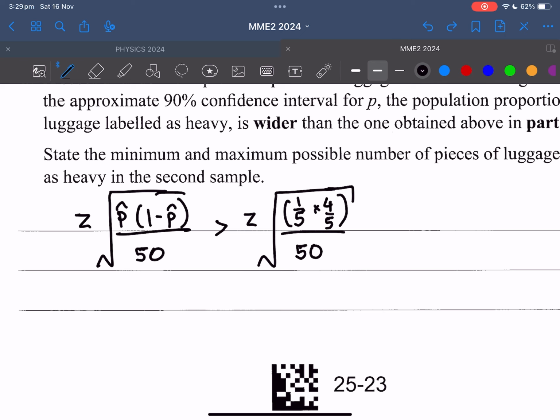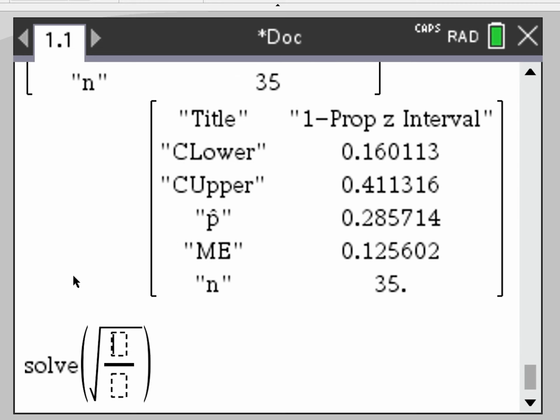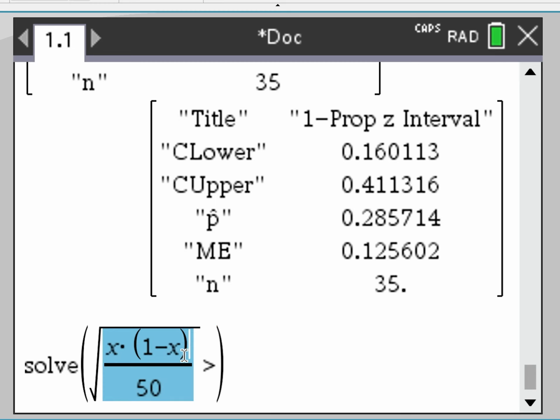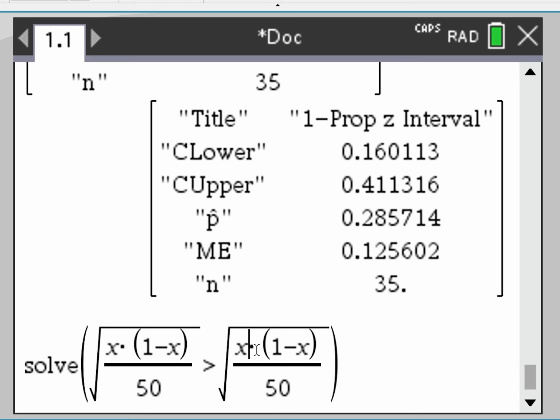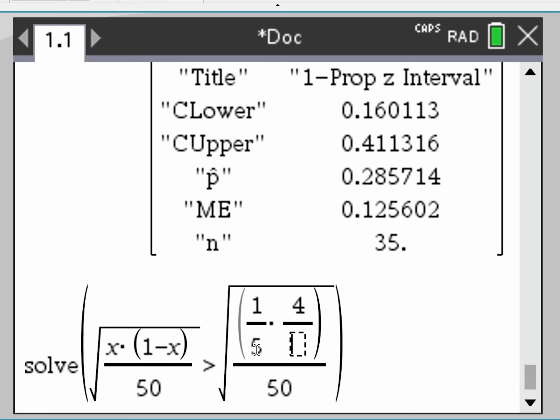So let's do this on CAS. Solve square root of x times (1 minus x) divided by 50 has to be greater than, copy the same thing down, (1 on 5) times 4 on 5.